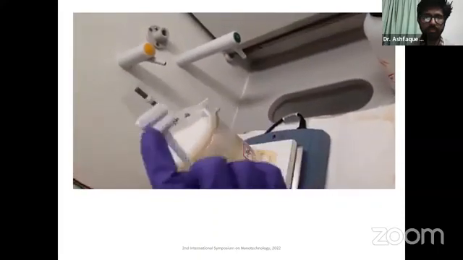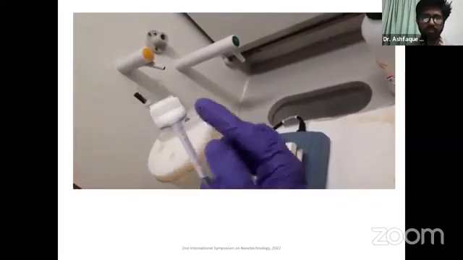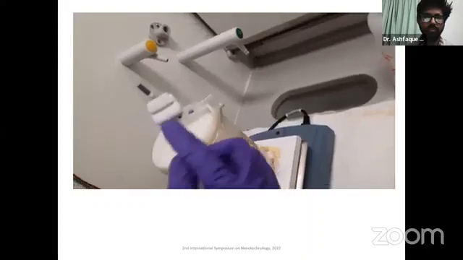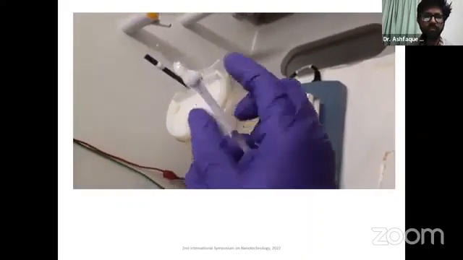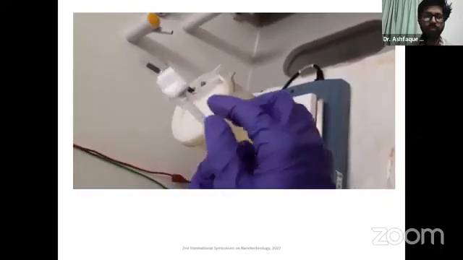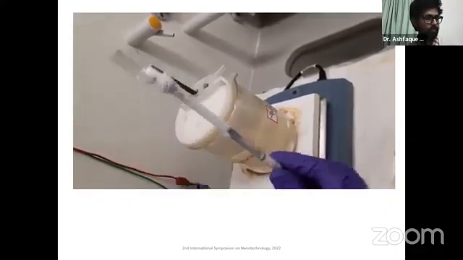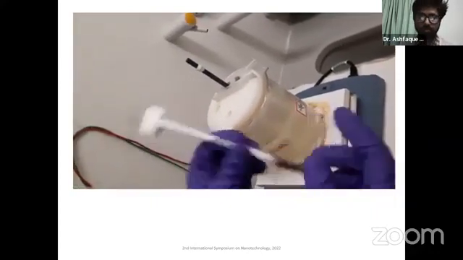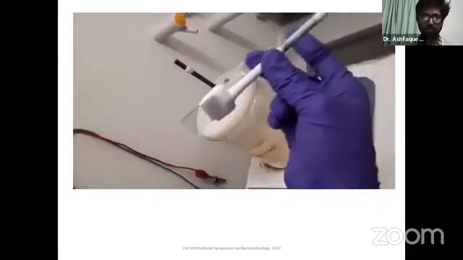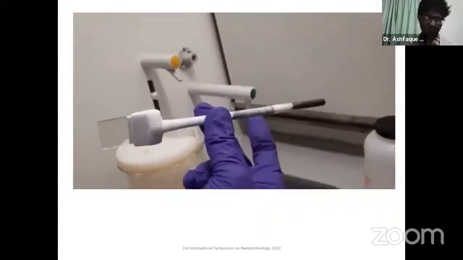This PTFE tape is very easy to find in the market. It is used for sanitary work in bathrooms, to fix taps and things like that. Carbon rod is nothing but graphite rod. So we basically can get this kind of a system.